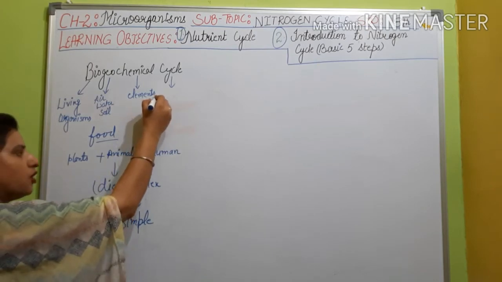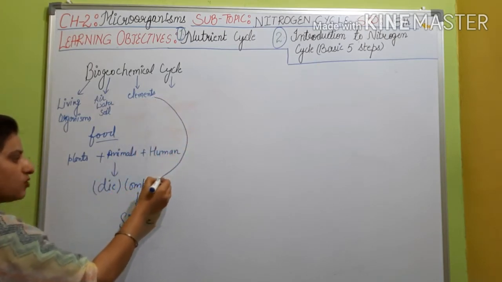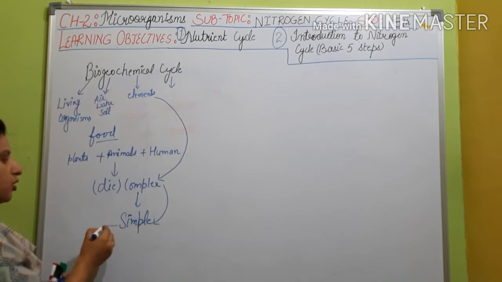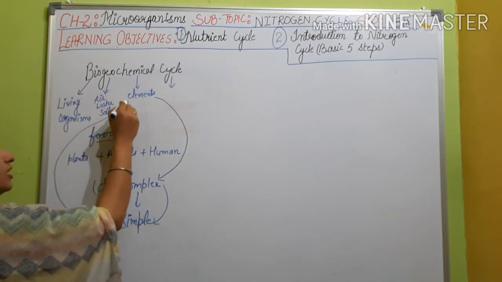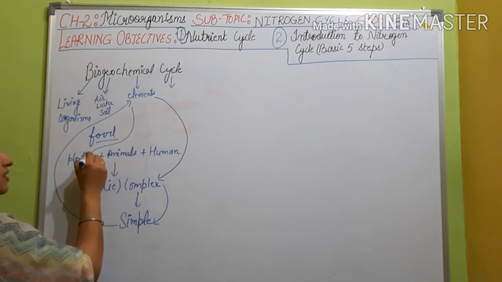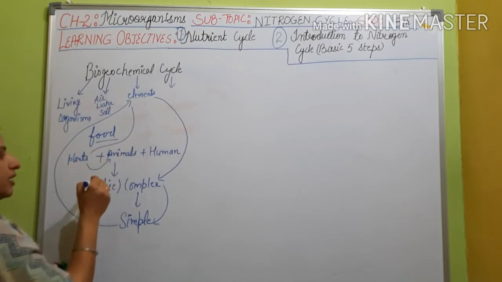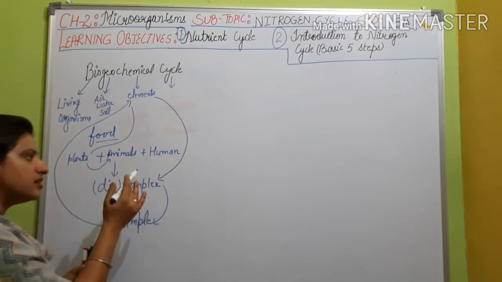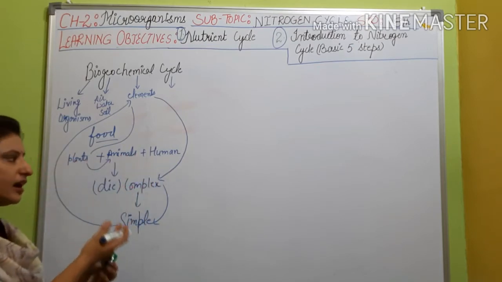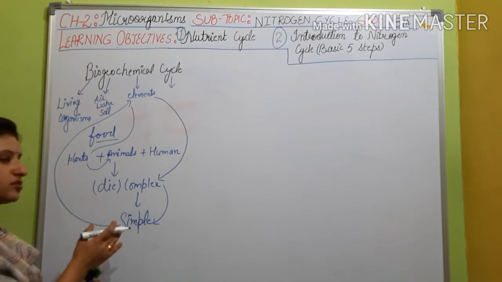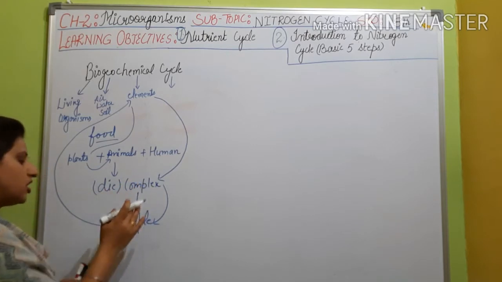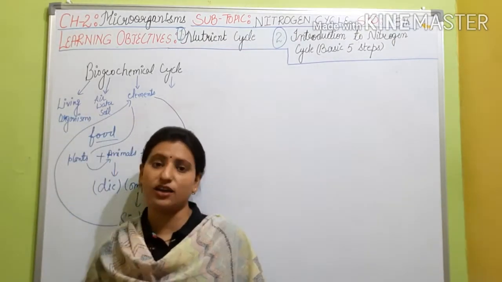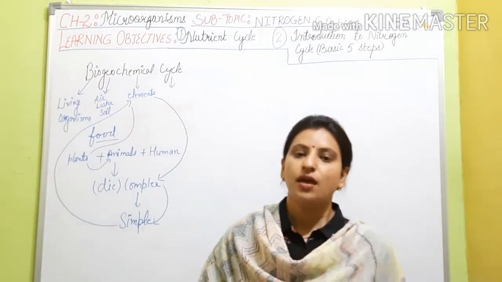From the simple form, then the complex form is formed, and then again the simple form is formed. And these simple elements are again taken up by the plants. Then from the plant they are taken up by the animals, and both plants and animals are eaten by the humans, and when all the 3 die out, their body is decomposed and that complex body is changed into the simple form. So this is about the biogeochemical cycle.